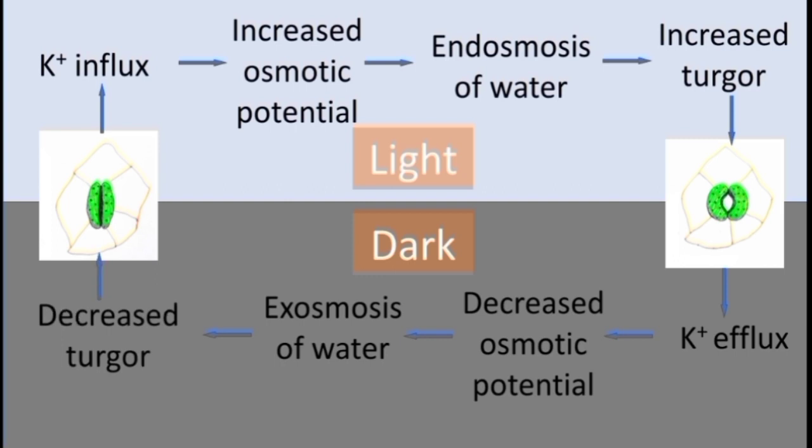It was seen that the role of potassium ion in the stomatal opening was specific. Other monovalent ions like sodium ion do not exert the same effect. It means only potassium ions are responsible for the opening and closing of stomata. No other ion can be used in their place.